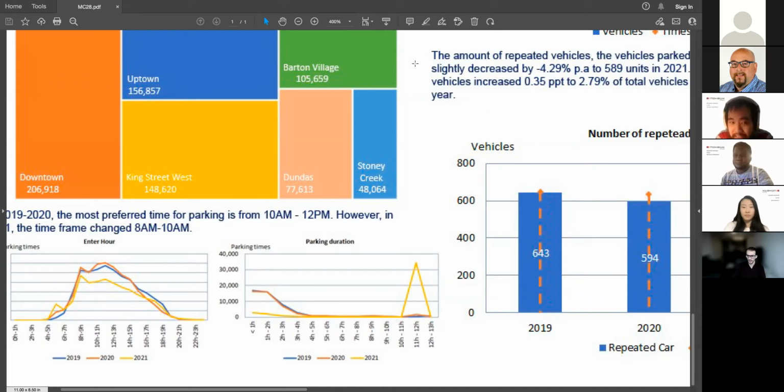We made this assumption based on various data. Some we cannot put in because we have no place anymore. The first one you can see that the time for parking in Hamilton is changing from 10 a.m. to 12 p.m. to earlier, 2 hours, and it fits with the time they're going for work in the morning more than the previous time.